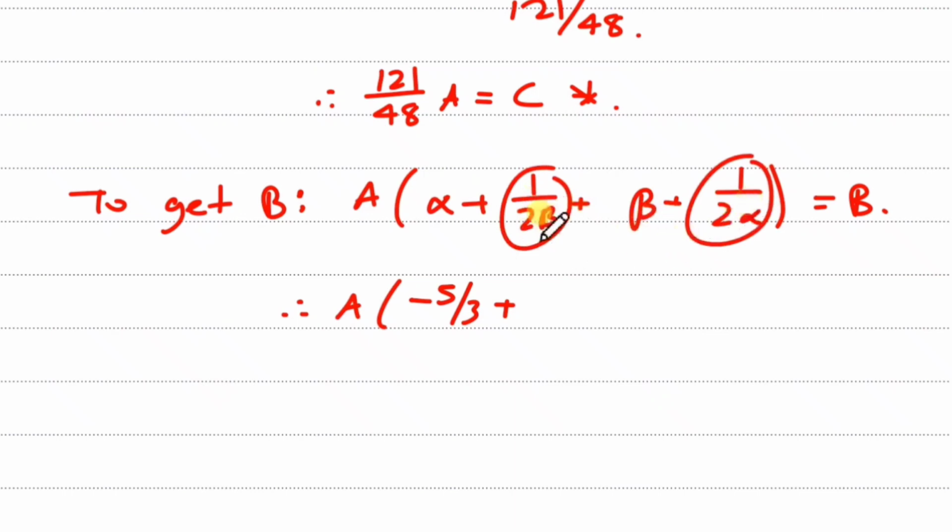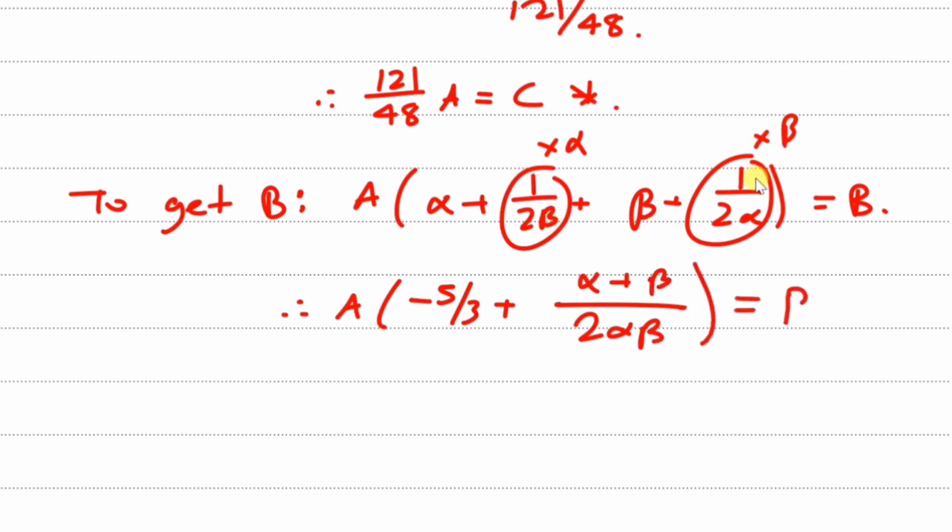What we can do, we can times up and down here by alpha, and times up and down here by beta, yeah? If you do that, you can have alpha over 2 alpha beta. So we know basically both of them would be over 2 alpha beta, yeah? The first one, this would be alpha. And the second term, this would be beta. Cool. And now all of this, again, is supposed to equal capital B.